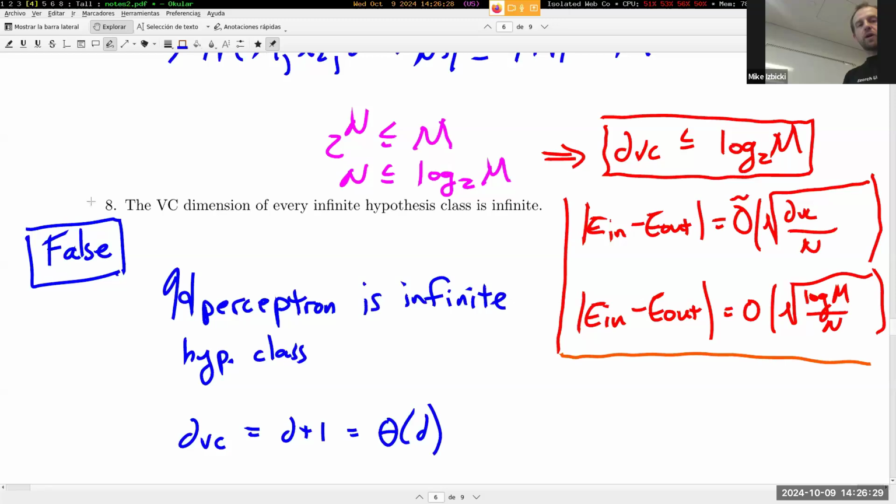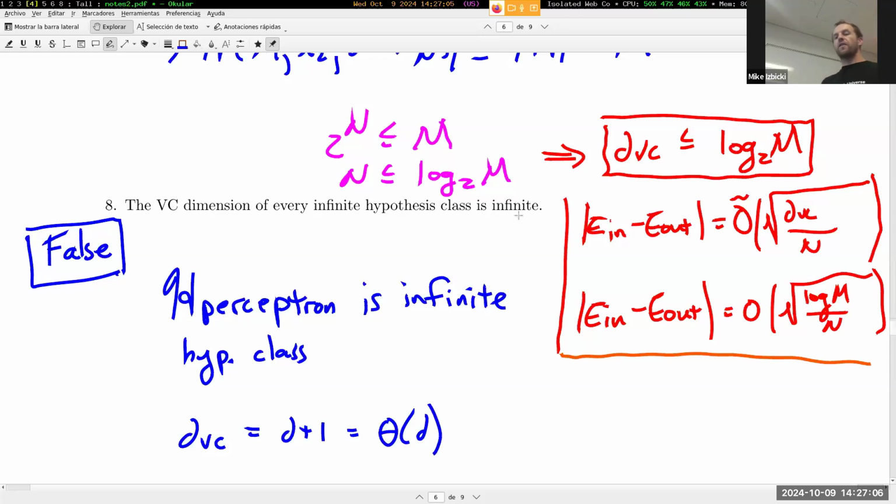So for questions about problem number 8 here, I said two different ways to think about it being false. The second way that I actually wrote down here is the actual proof that it's false. But anytime you're thinking about these statements, anytime you're really thinking about anything in advanced mathematics, it's worth thinking at a meta level about what's going on in the math. A lot of people spent a lot of time on this math, and they wouldn't have done it if the results were trivial. In this case, the question is whether the VC dimension of every infinite hypothesis class is infinite.